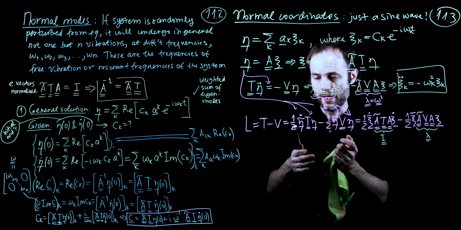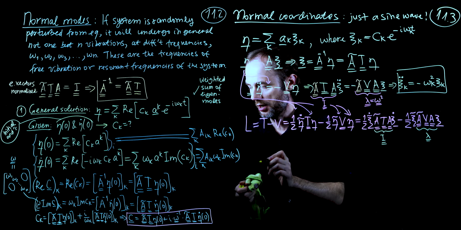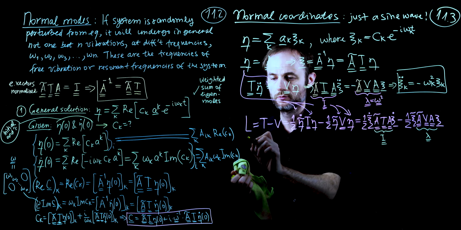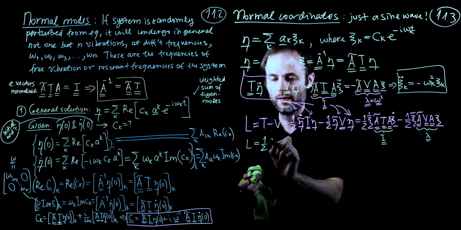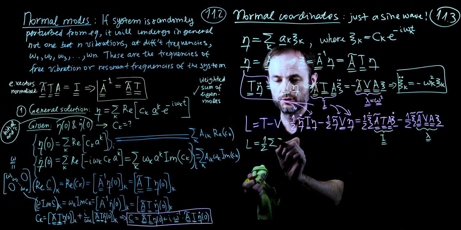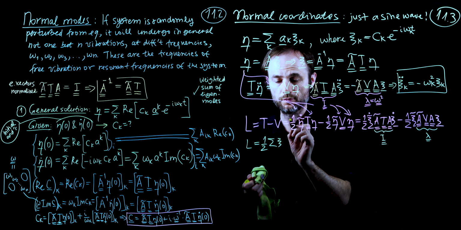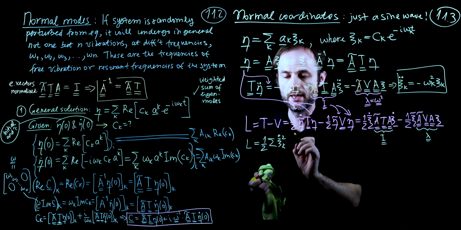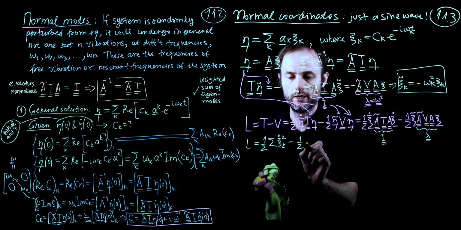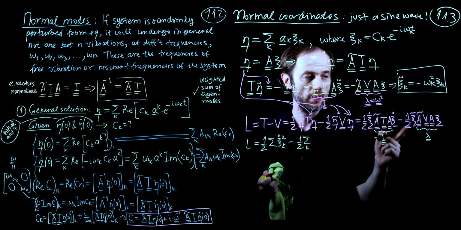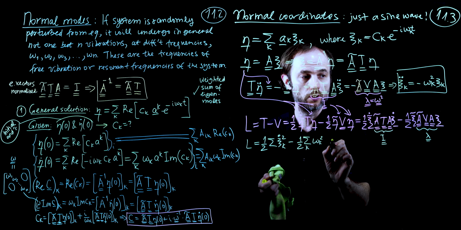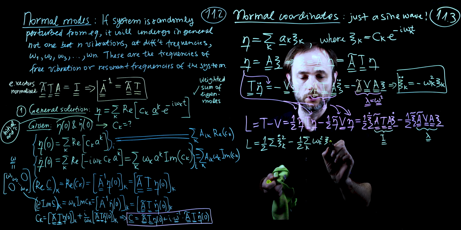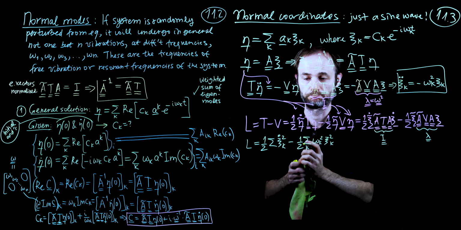And so our Lagrangian simply becomes the sum over k of 1/2 psi k dot squared, minus 1/2 sum over k of lambda, which is omega k squared, times psi k squared.